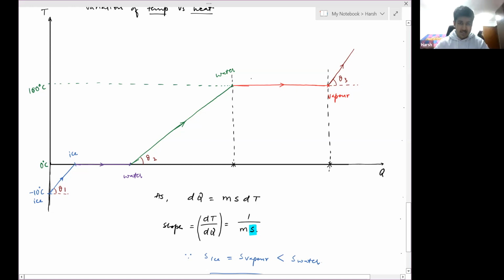Yes, because this was a question in ninth grade. Similarly, in the case of ice and water, you'll be asked which one will be better in cooling, or which one will be more effective in cooling, ice or water.